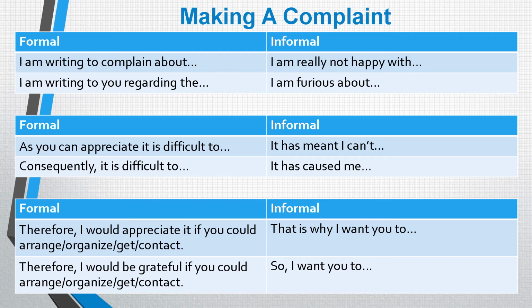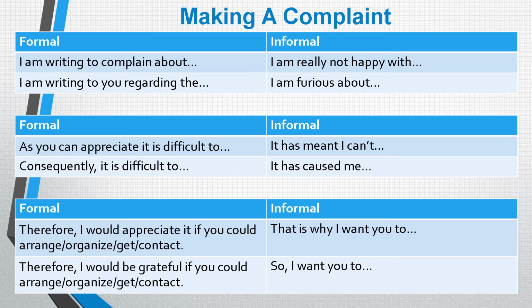After that opening sentence, you might use to explain why it's a problem. As you can appreciate, it is difficult to, or consequently, it is difficult to. If it was an informal letter, you might say, it has meant I can't, or it has caused me.